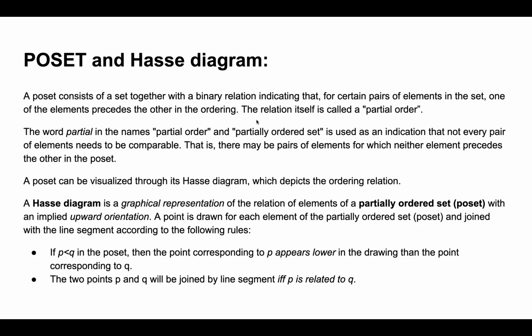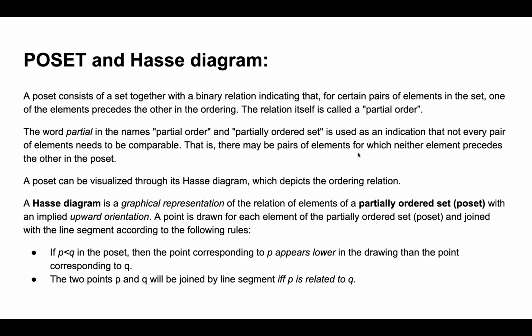Okay, then it is used as an indication that not every pair of elements needs to be comparable. As those are partially ordered, they may be comparable or they may not be comparable. That is, there may be pairs of elements for which neither element precedes the other in the poset.